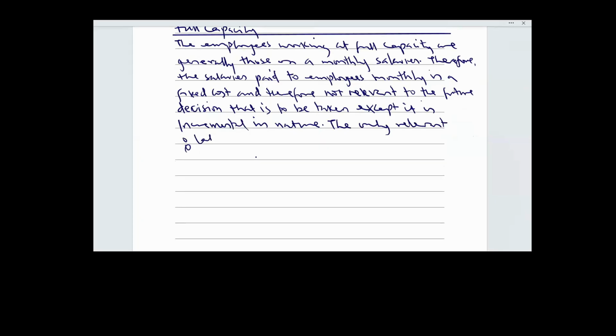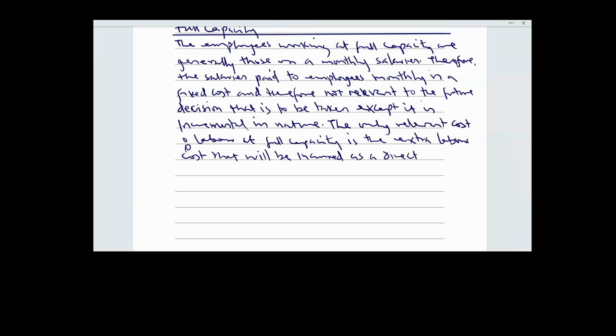The only relevant cost of labor at full capacity is the extra labor cost that will be incurred as a direct consequence of the decision taking.